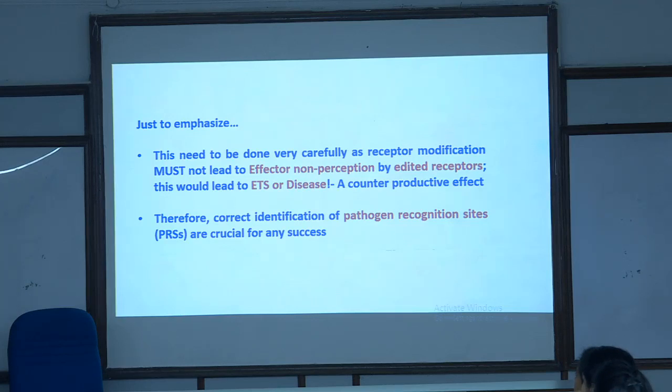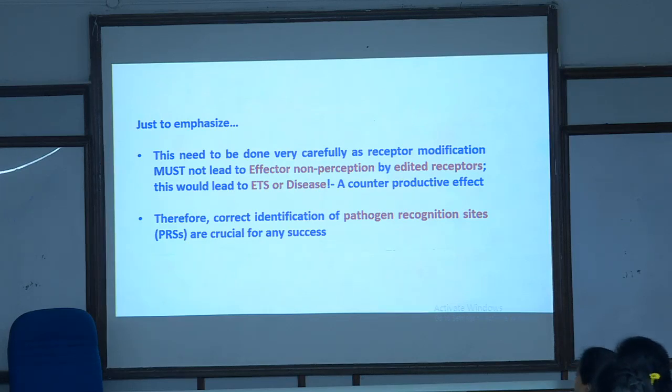If you edit the receptor, whatever protein is going to come out of this receptor should be able to retain the perception capability of the effectors, right? This is one of the most important points. Otherwise, ETS would be ensured here. Whatever effort you are doing is going to be a counterproductive operation, right? And therefore, the correct identification and modification of PRS is crucial for any success, right?